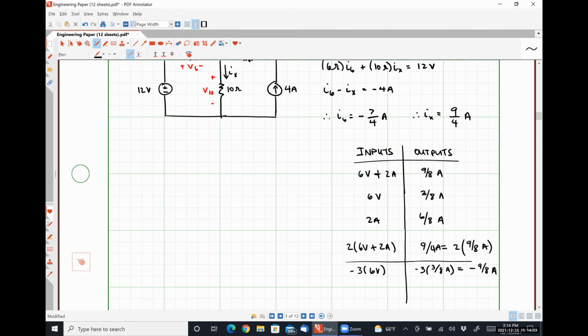And let's say that I scale my current source by a factor of 5. That should scale the output of the current source on by itself by a factor of 5. Sorry, I forgot my unit there. I apologize. So that should look like 5 times 6 is positive 30 over 8.